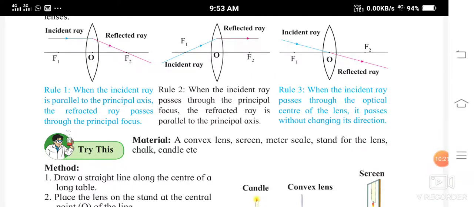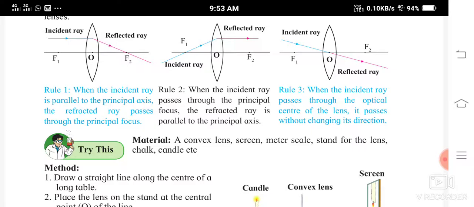Now rule number 3: when the incident ray passes through the optical center of the lens, it passes without changing its direction. You saw in the case of a mirror that when the incident ray passed through the pole of the mirror, the reflected ray also passed without deflection.